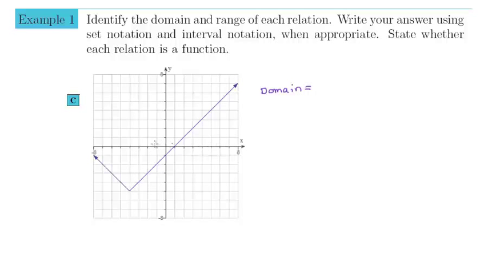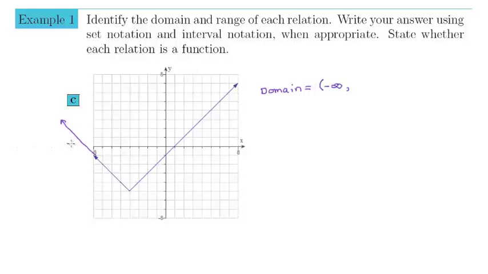Let's look along the x-axis and notice again, because this curve continues infinitely in this direction, and we're looking for the smallest x value to which the relation applies, we can continue all the way to negative infinity, following along the graph as we go. This will forever continue, and so the domain will start at negative infinity. That's the very, very end.